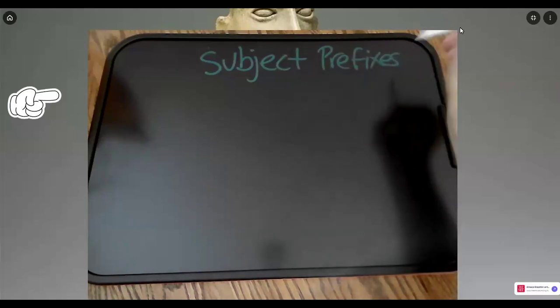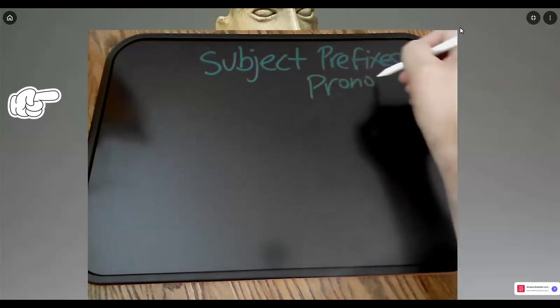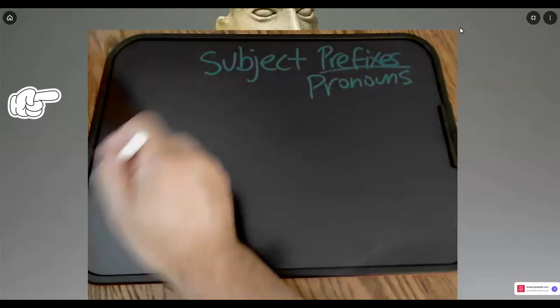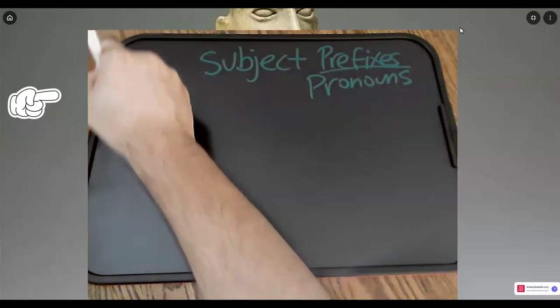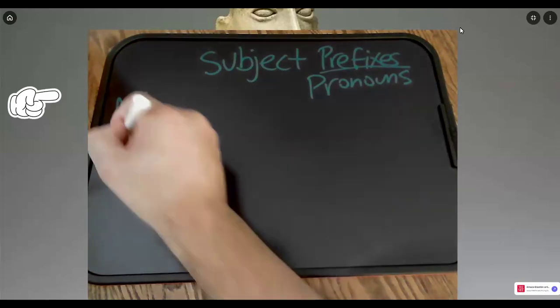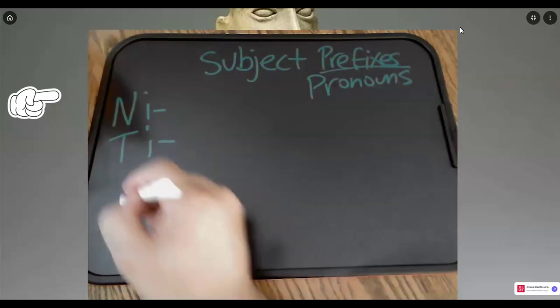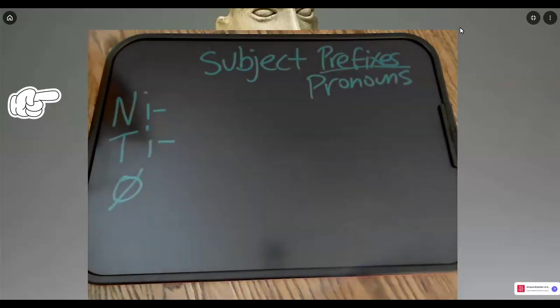Otherwise they're also known as pronouns, but I prefer to use prefixes because they go first and they attach to something. So we have ni, as in I am doing the action. Ti, you are. And for a third person, there is no subject prefix. We just use the symbol, sometimes nothing.